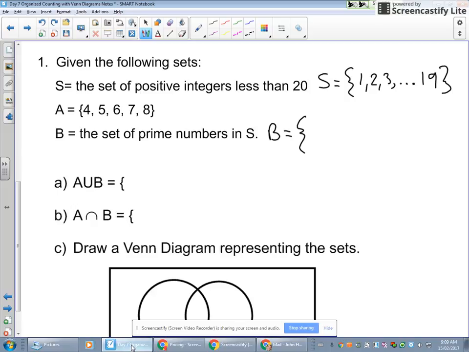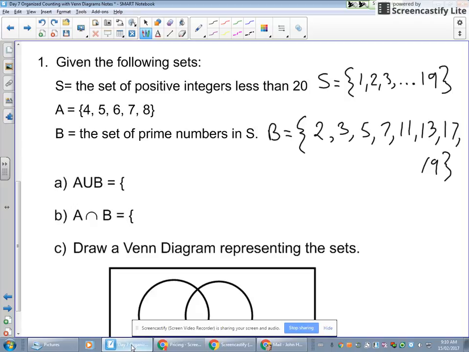Does it include 1 or no? It does not. It starts at 2. So 2 can be divided by 1 and 2, 3 by 1 and 3, 5, 7, 11, 13, 17, 19. I think that's the set.